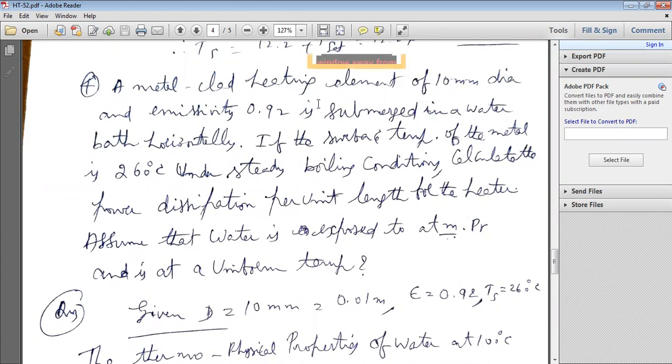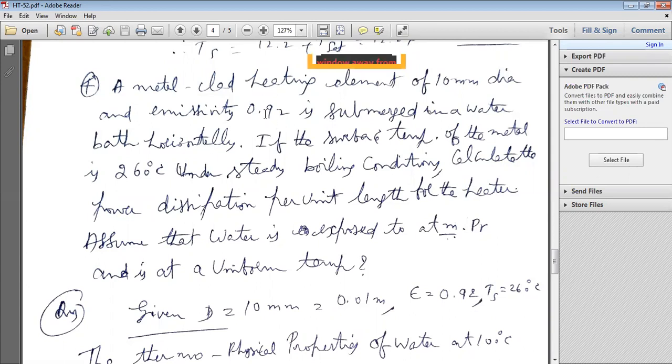A metal clad heating element of 10 mm diameter and emissivity 0.92 is submerged in a water bath horizontally.